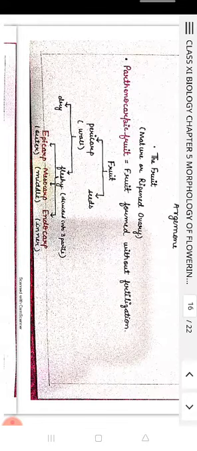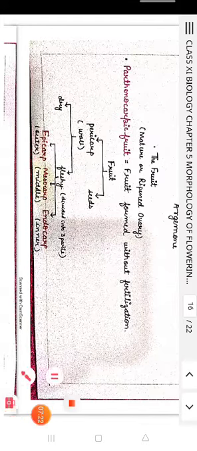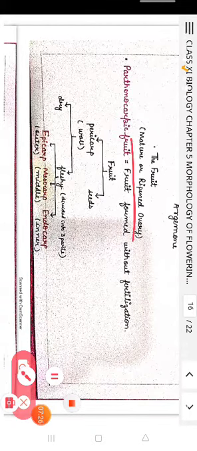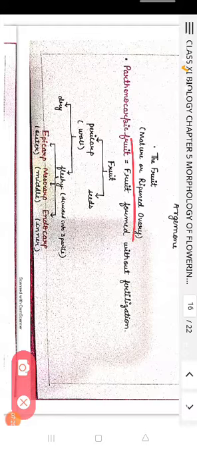Now, fruit. The mature or ripened ovary is called fruit. The definition of fruit, or we can say fruit is the ripened or matured ovary. Now, parthenocarpic fruit. What is the meaning of parthenocarpic fruits?